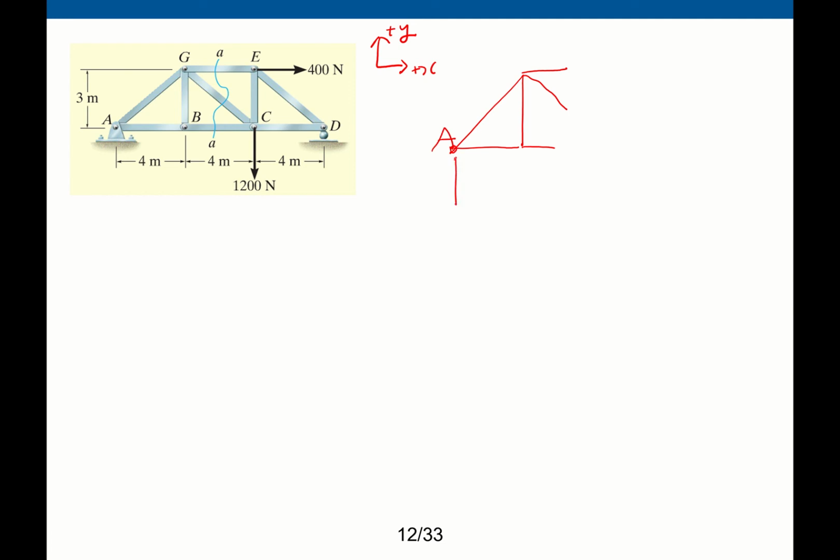We found that there is 300 Newton upward and on the left-hand side there are 400 Newton. We already found these values on the previous page. This is G, this is the cross-sectional plane, and we don't know these forces. C.